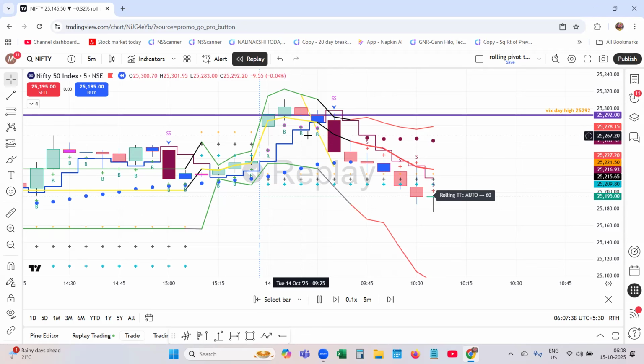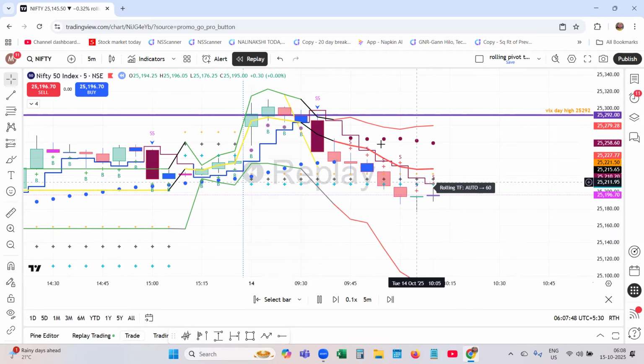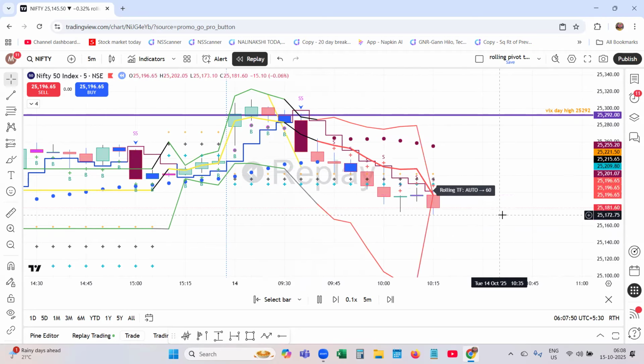The second indicator, what I've released, now you just watch. You are going to see this Gann HiLo and this shorter period Gann HiLo, the colors are matching. Unless the colors match, you are not taking the trade.